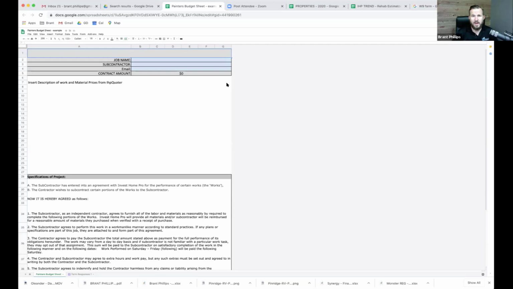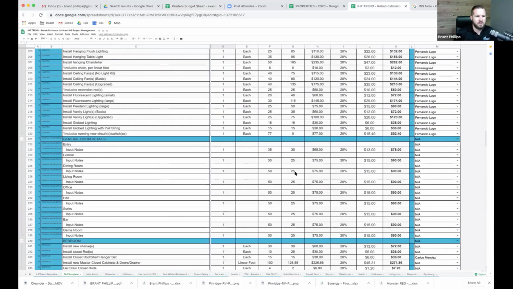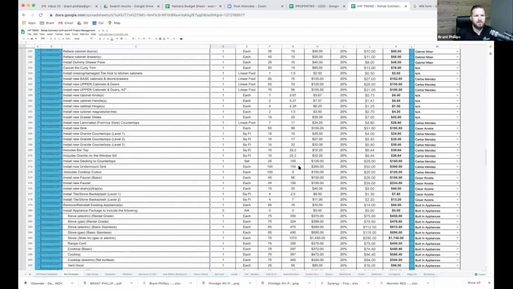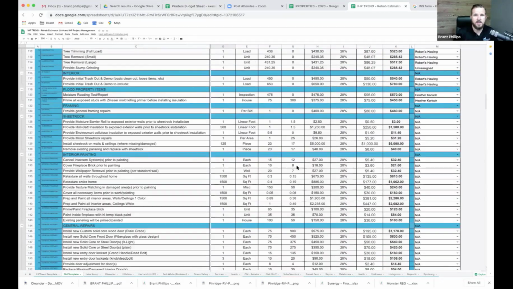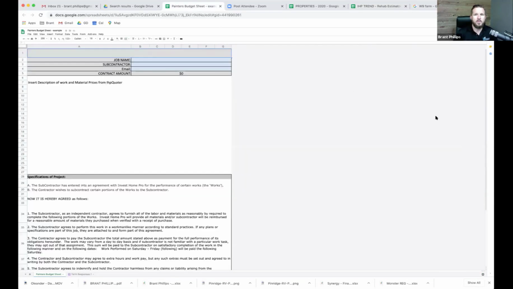We found our painters, like our handymen, they just didn't. So what we would do is we would grab all the work that they were doing, and there's like 500 and something items here. We'd extract those things that were for our painters, for example, and it'd come out to about 40 or 50 line items. We would copy and paste the item and the labor cost here, right?